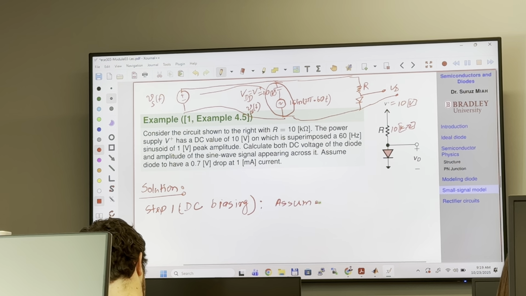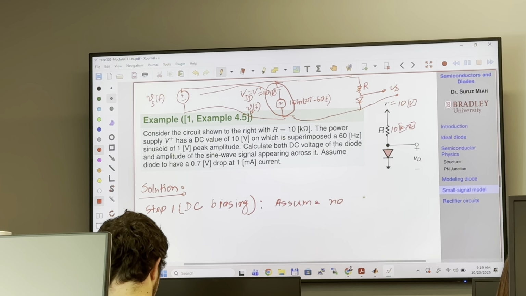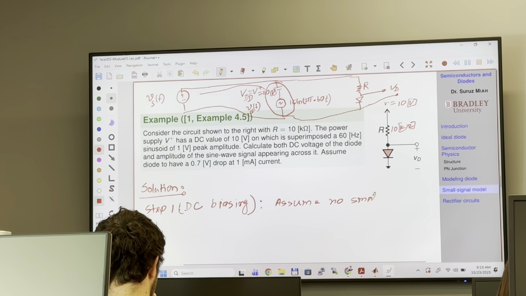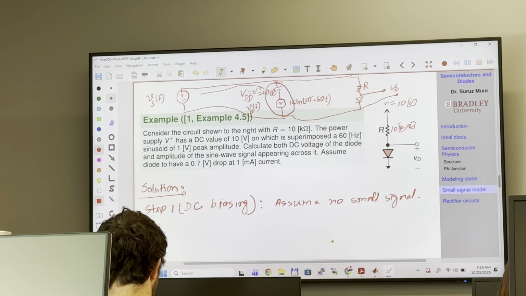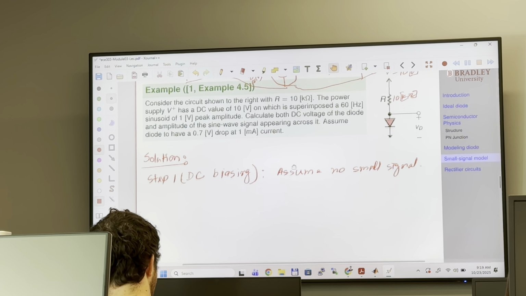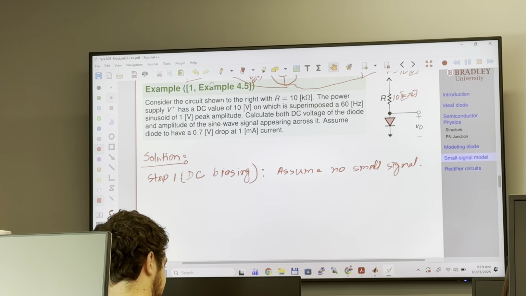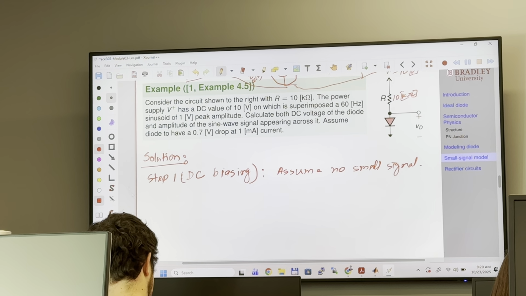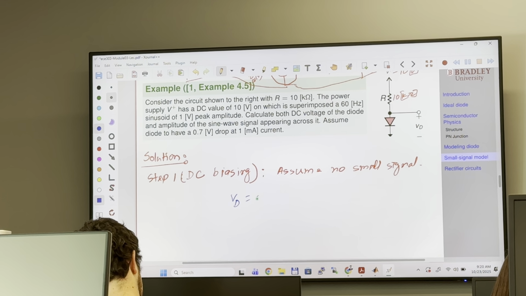Assume no small signal. If there is no small signal, V_D is easy. Just 10 minus 0.7. So V_D is 0.7 volt.